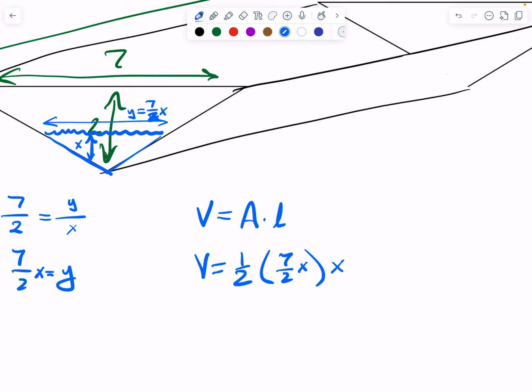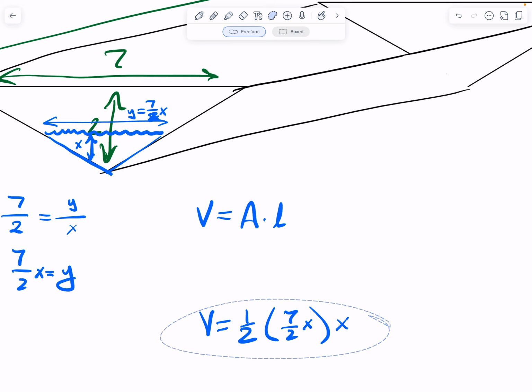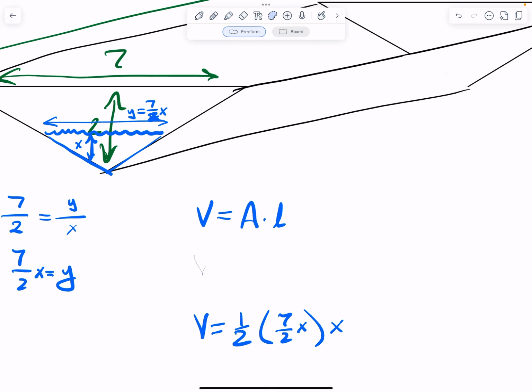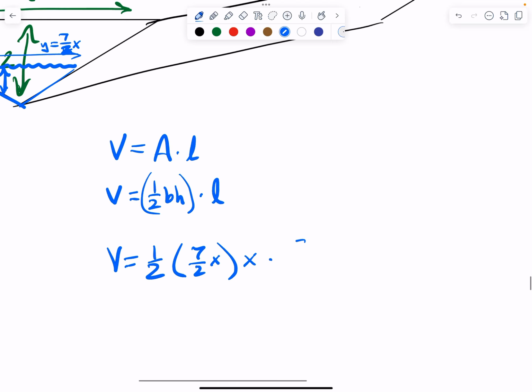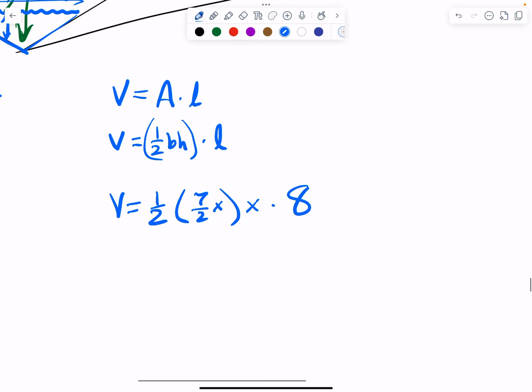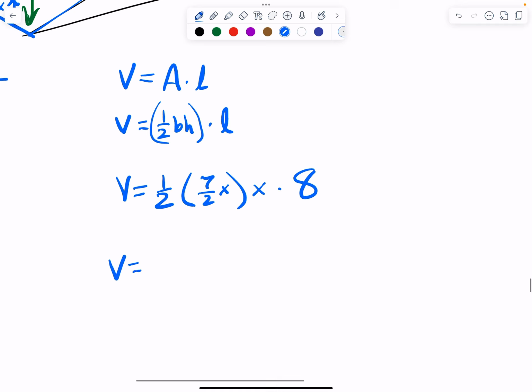Maybe I should write that down so that it's more obvious to everyone, because I know that you don't like geometry. 1/2 base times height times the length of the trough. Okay, so the length of the trough is just 8. So there's my volume. Let's see, I can cancel some stuff here, and you're left with 14x squared.